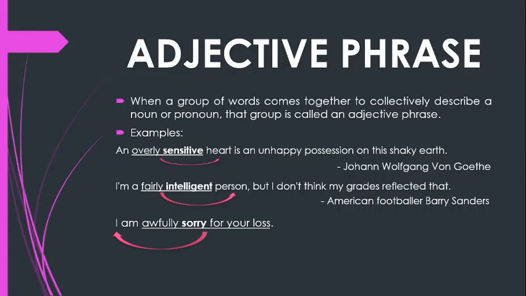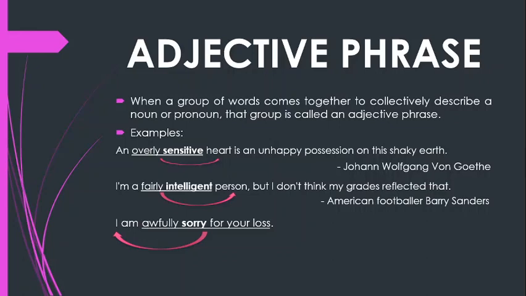Now, in all these examples, you can find the adjectives sensitive, intelligent, sorry, all written in bold letters. And there are a whole lot of other words which are underlined. These underlined sections are part of an adjective phrase, but they have no meaning of their own in the absence of the main adjective.